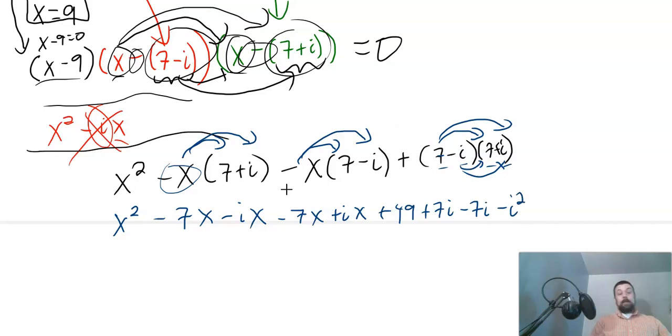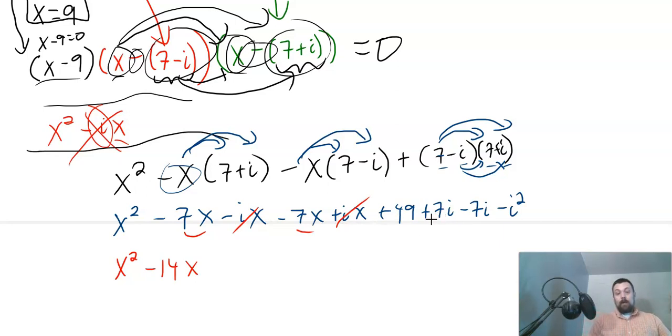So it's a giant mess. And you might start to despair at this point. Like, this did not go very smoothly at all. But it's about to self-correct here. So we go to simplify. We still have x squared. 7x and 7x combined together to give me 14x, so we'll have minus 14x. The negative ix cancels out with the positive ix, so those just go away.